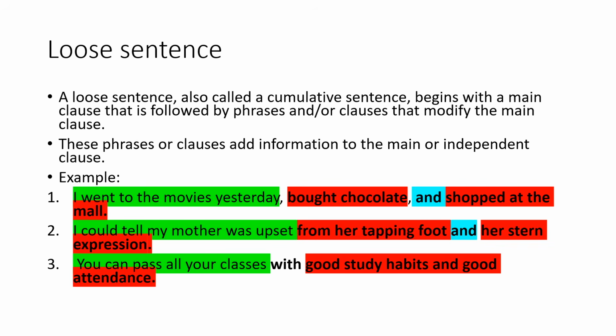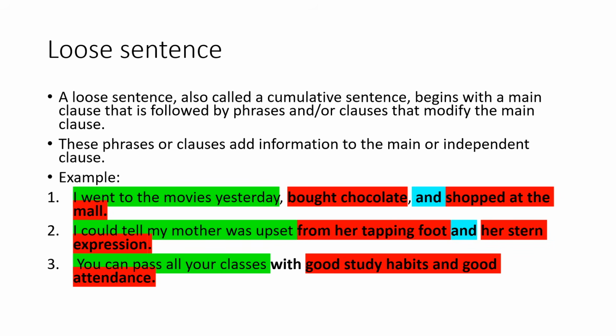Let's look at the last example. You can pass all your classes with good study habits and good attendance. By using the rhyme SNT, we can determine you can pass all your classes is the main or independent clause. Do you see "with" here is not highlighted? I decided not to highlight that in the sentence because it does not form a part of the coordinating conjunctions.